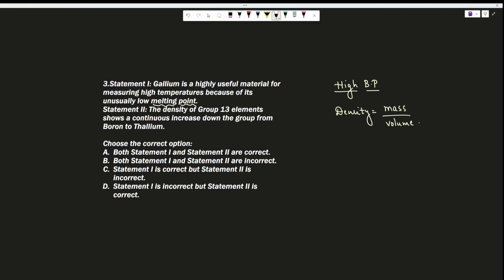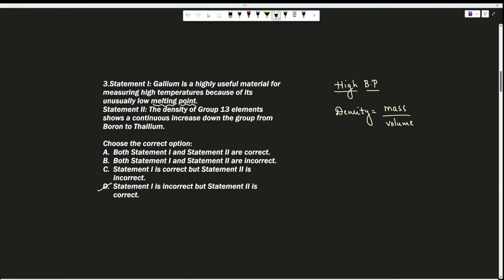So both will be increasing. We need to see which effect is more. And most of the time the mass effect will be more. So here density continuously increases down the group is true, because as the mass increases, density also increases. So the effect of mass is considered to be more than the effect of volume. So here statement 1 is incorrect, but statement 2 is correct.